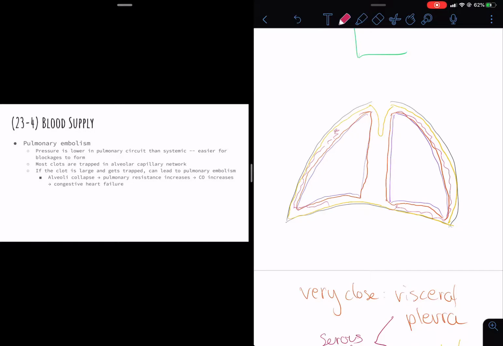And the capillary network within the lungs is much smaller than in the heart, so it's very easy for it to get stuck near an alveolus. And if that's the case, then a part of the lung can completely malfunction and not be used, and now all of a sudden you are not able to use that part of the lung, and bad news bears. So if this occurs frequently and over a long period of time, eventually one side of the heart might not even be able to work anymore, and this can lead to congestive heart failure.